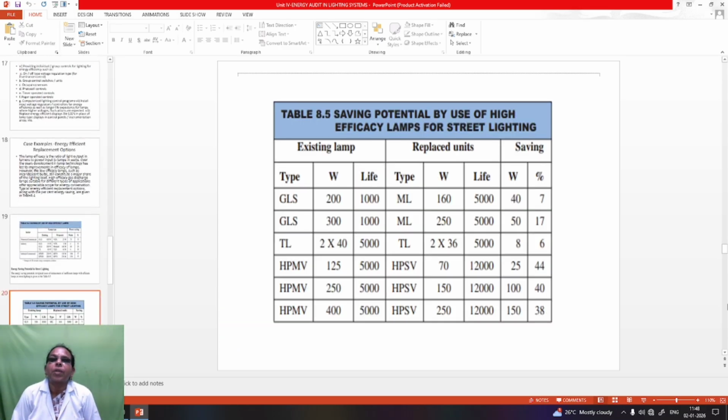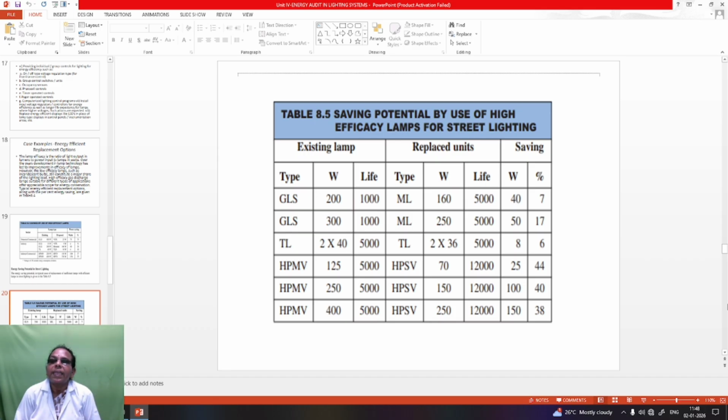Saving potential by use of high efficient lamps for street light. Existing lamp GLS 200 watt, lifetime is 1000 hours, is replaced by ML 160 watt, lifetime is 5000 hours.